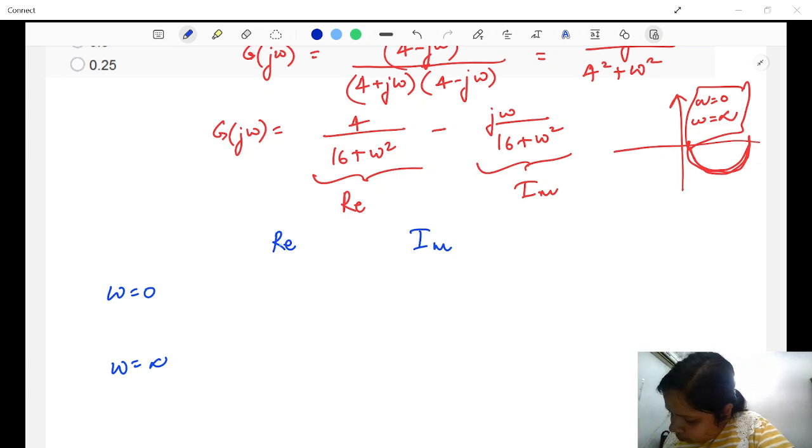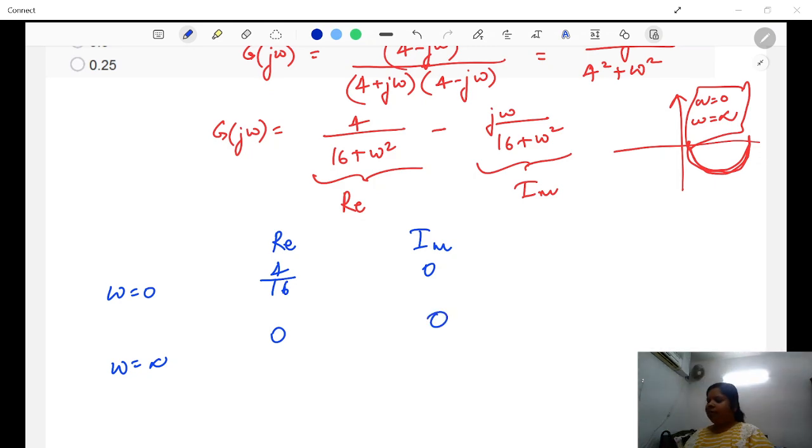So it is 4 upon 16, and here the imaginary part would be 0. Then the real part here would be 0, and the imaginary part would also be 0. Hence we can say it is 0.25 and here it is 0, the real parts.